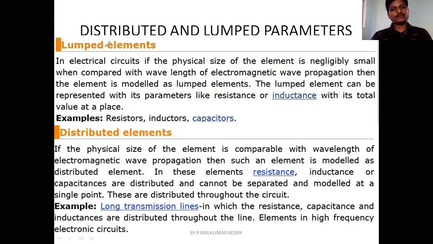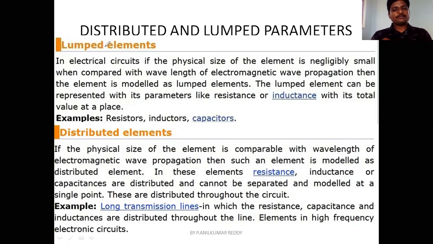Suppose the wavelength of the electromagnetic wave is much greater than the physical size of a system. Let us take a resistor. A resistor will be a size of a few centimeters. But if you take electromagnetic signals, the wavelength of those signals will be very high, in kilometers or meters. Here the resistor has a very small length, that is centimeters.